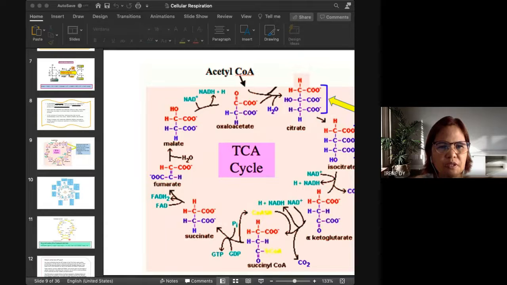Definition of GTP, an energy-rich nucleotide which is analogous to ATP. Halos pareho siya sa ATP, pero ang composition niya ay guanine, ribose, and 3-phosphate group. And it is necessary for peptide bond formation, on process of protein synthesis. Okay. To make this more exact, what we mean by analogous?